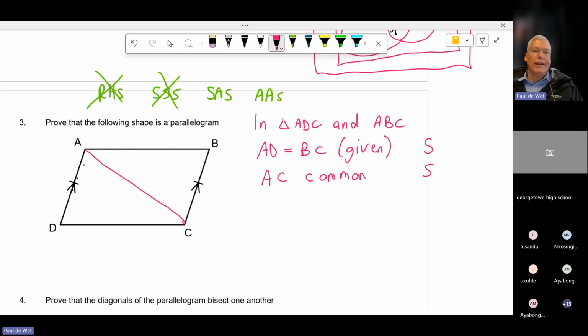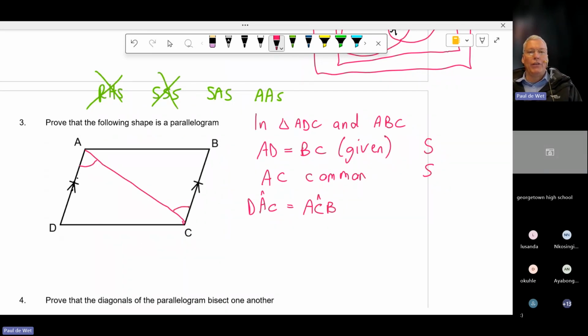Who can tell me which angle is equal to DAC? DAC must equal another angle in this diagram. ACB.